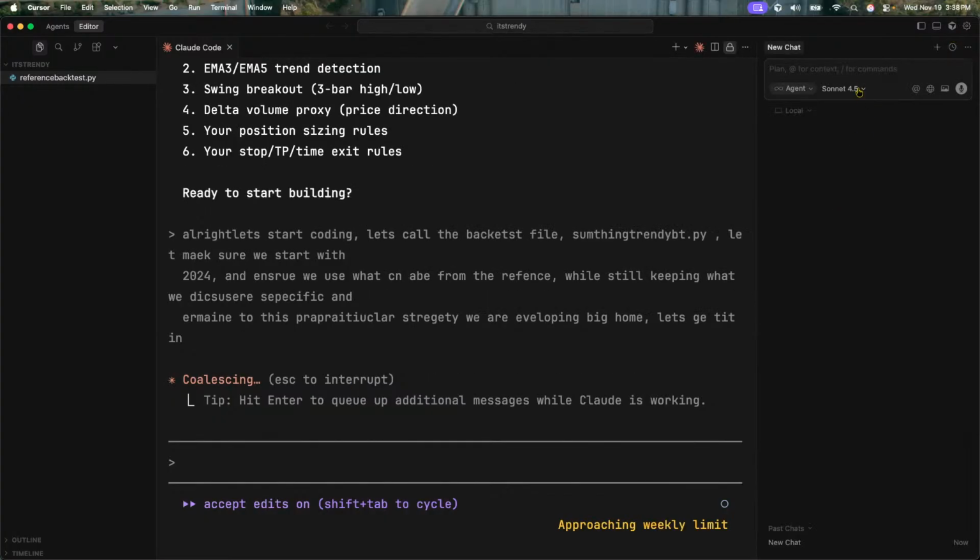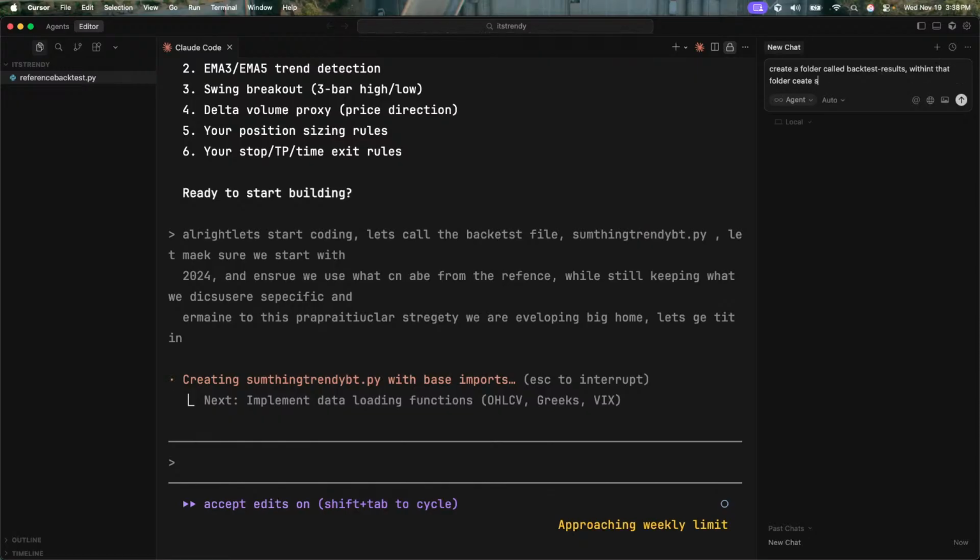You know what I need now is our folders. Create a folder called backtest results. Within that folder, create subfolders called 2021, 2022, 2023, 2024.